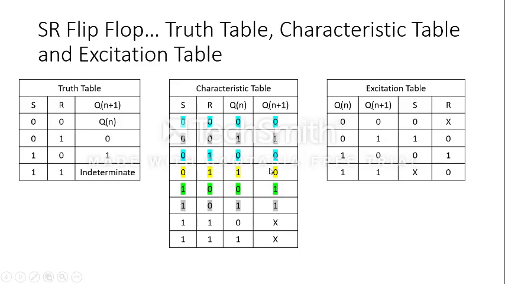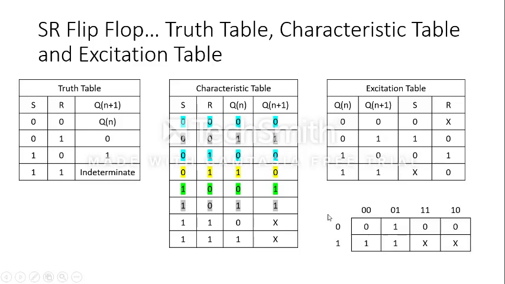Simply you will prepare one K-map, with the input S on one side and R Qn on the other side. S can vary from 0 and 1, R Qn can vary 0 0, 0 1, 1 1, 1 0. I have put all values for Qn plus 1, and you can take all these 4 elements at a time, and these 2 elements at a time.